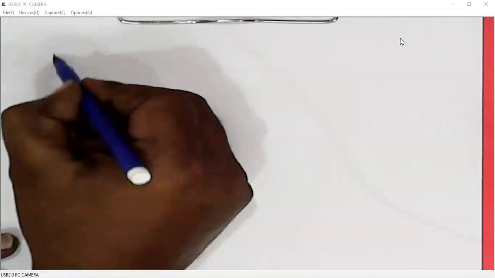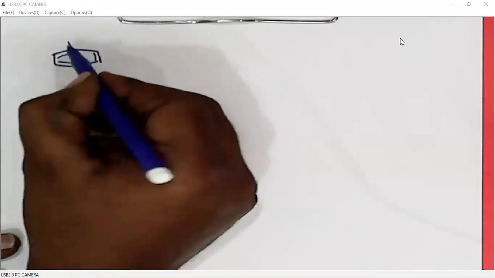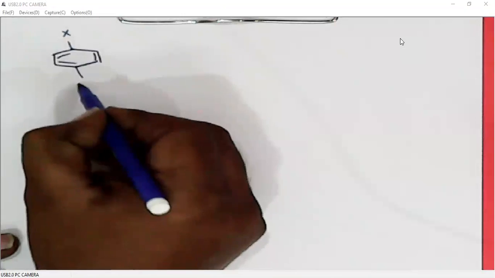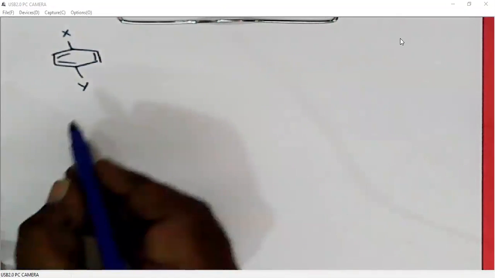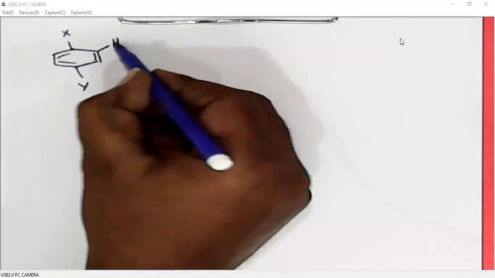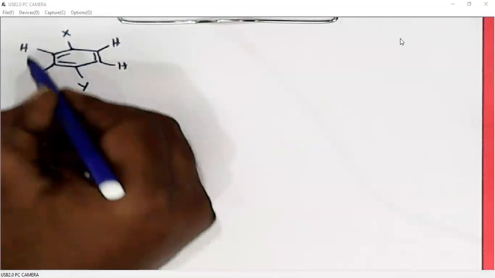Take this example, a para-disubstituted benzene with two different substituents. We have two protons on the right side and two more protons on the left side.